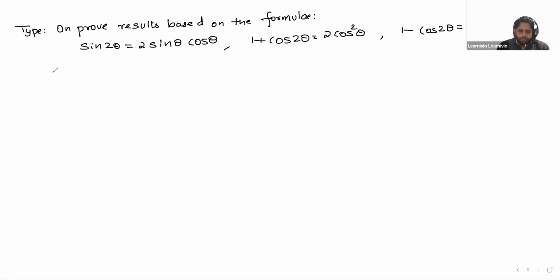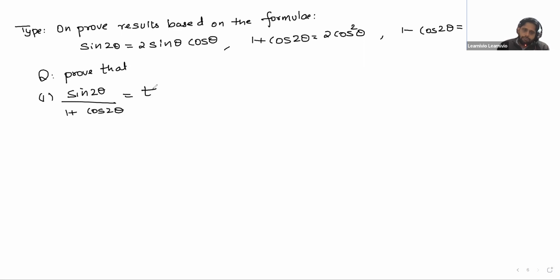Then we will try some questions on the basis of these formulas. Question: prove that sin 2 theta divided by 1 plus cos 2 theta is equal to tan theta. Please do.